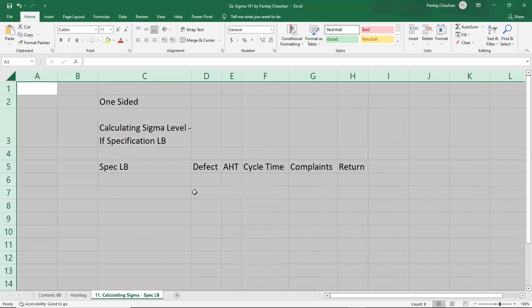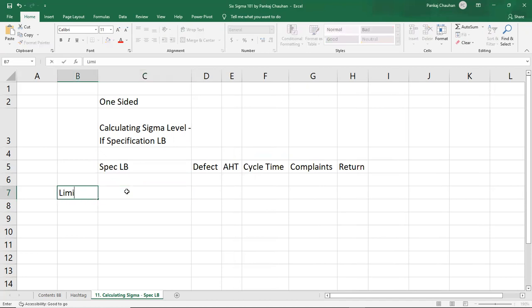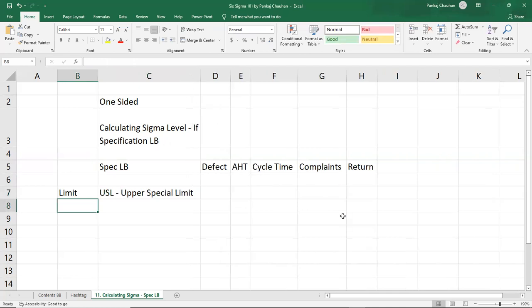So the formula we use is for when the specification is lower is better. That means any value as low as possible will be good for us. Then we will have the USL, or upper specification limit, which means any value should not cross the upper specification limit that we decide.